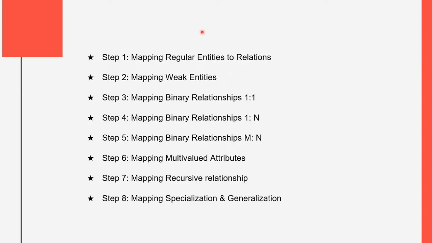Here are the steps: we have step 1 until step 8, where step 8 is focused on the EERD. In order to come to this step, you need to do steps 1 to 7, so you have to follow step by step. Identify all of this in the ER diagram. So let's see.